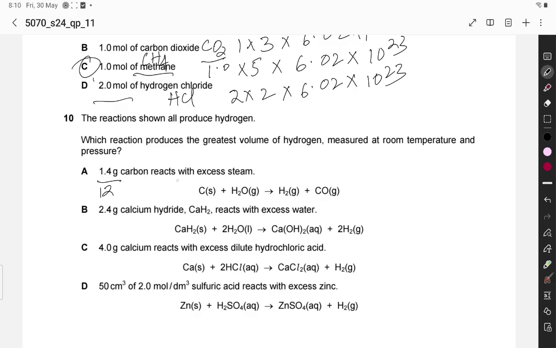This is 0.116. Then 40 plus 2, 42. 2.4 divided by 42 is equal to 0.0571. 4 point calcium reacts with dilute acid.